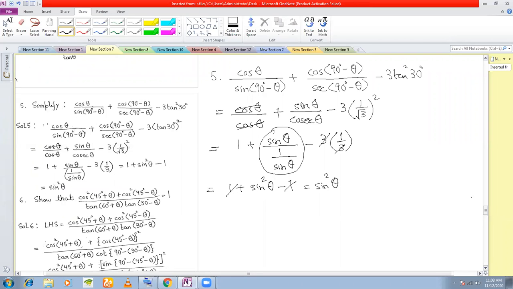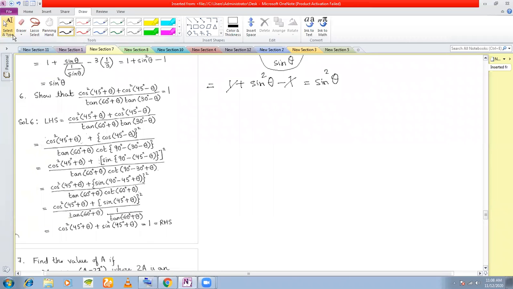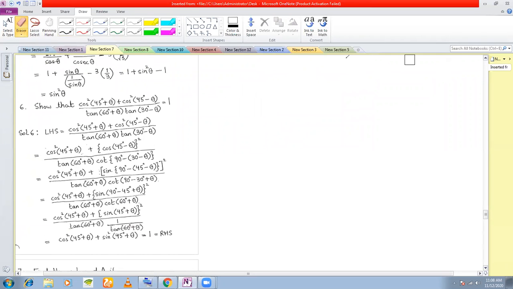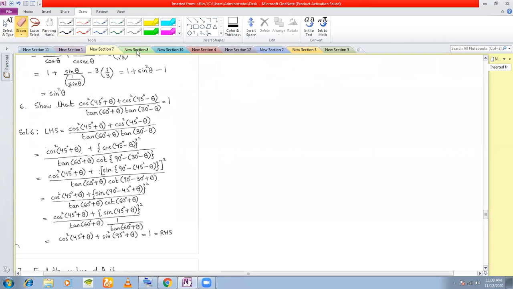Okay. Number 6, a very important problem, with a lot of things to observe. The question is, show that the left hand side is equal to 1. What is the left hand side given?